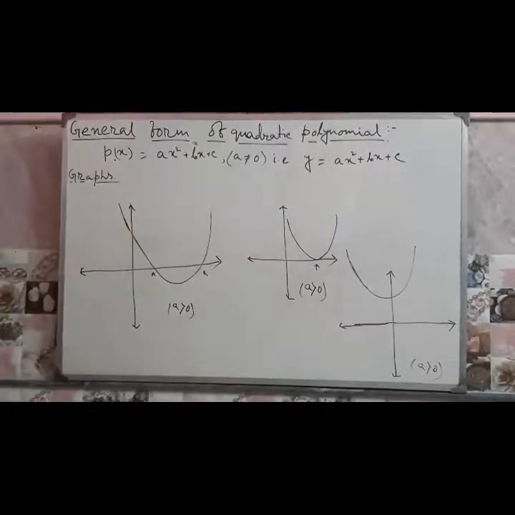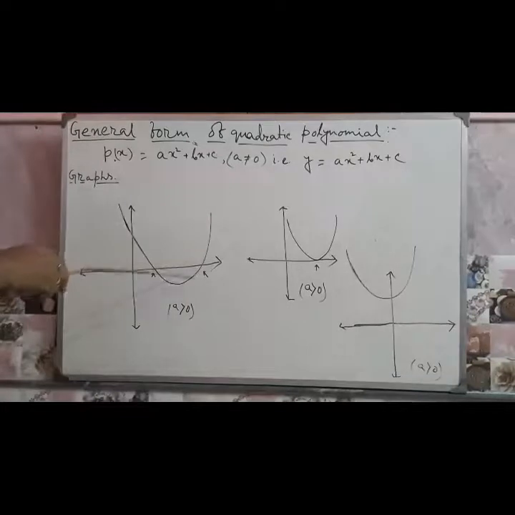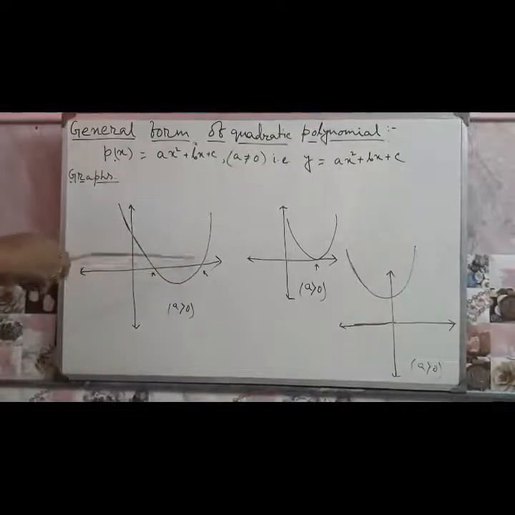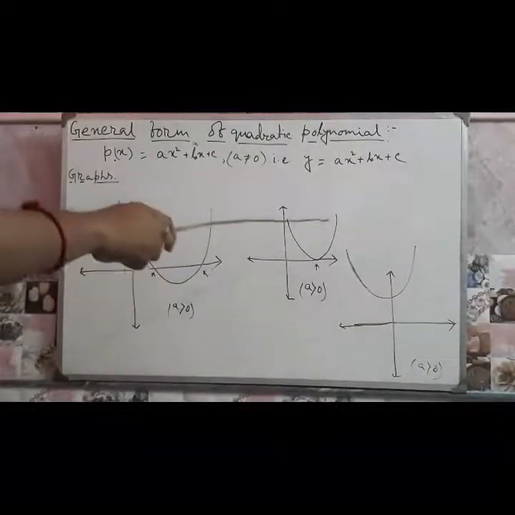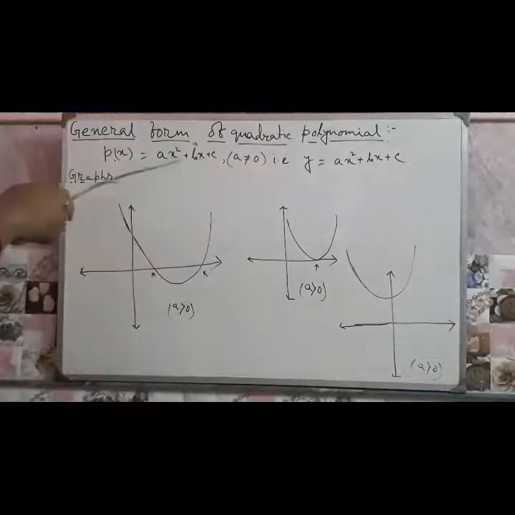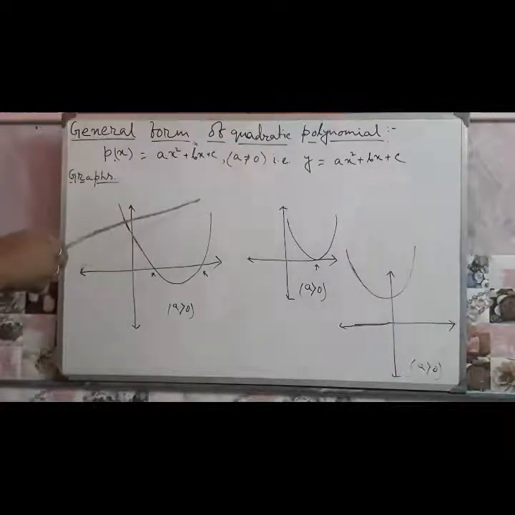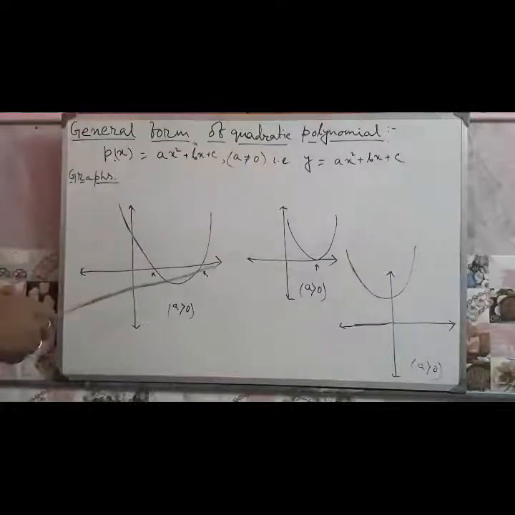A very interesting feature of this graph is that the number of curves is 1 in all cases. What is the degree of this polynomial? For a quadratic polynomial, the degree is 2. The number of curves will be 1 less than the degree of that particular polynomial.